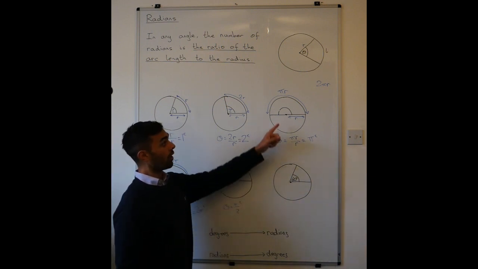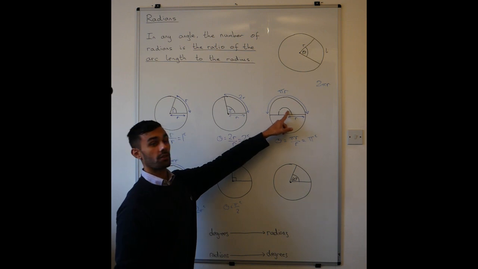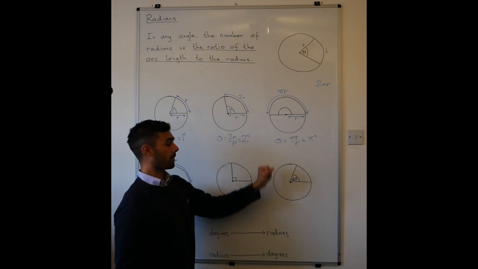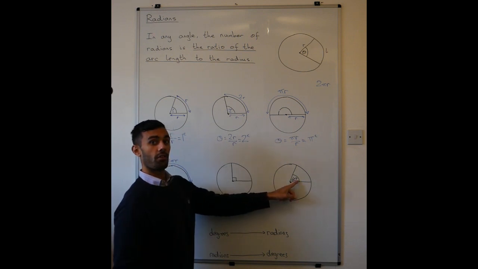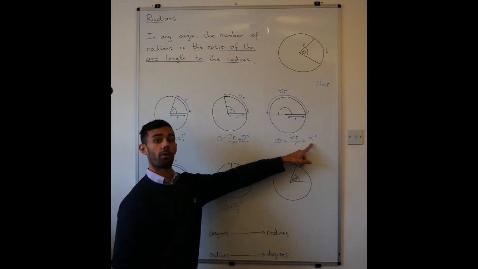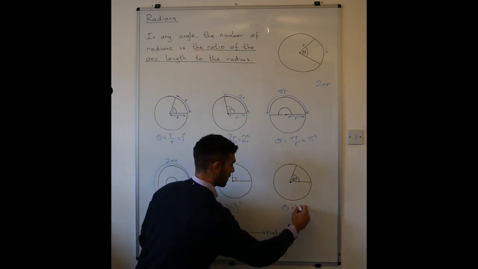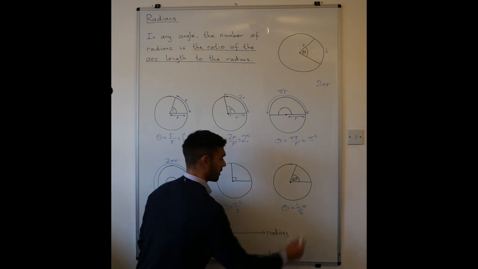Again, you know the angle in a semicircle is pi radians, or in degrees it's 180 degrees. 60 is a third of 180, so in radians this is a third of pi. We've got it.